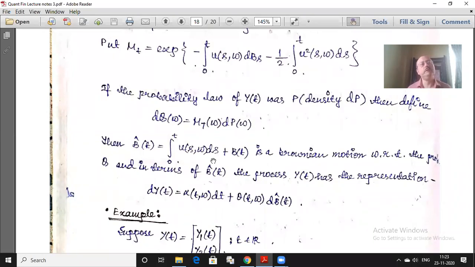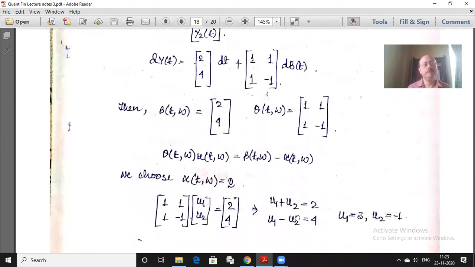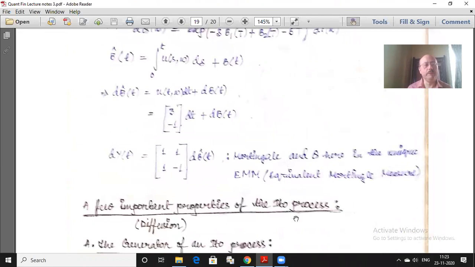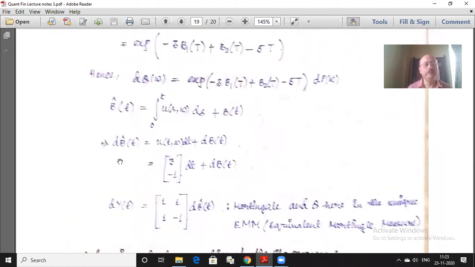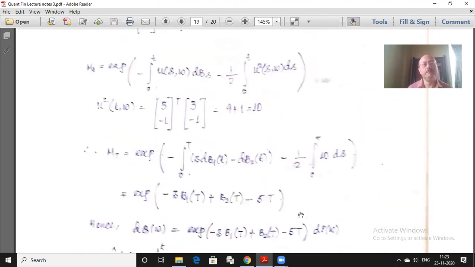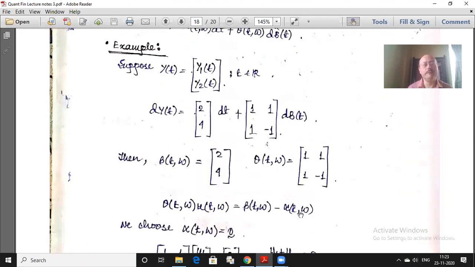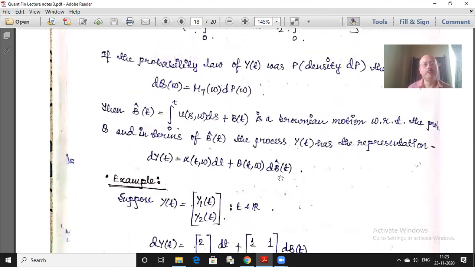The Brownian motion is actually absorbing the trend part in a very clever manner. So the new representation looks clean of the trend. It is only a martingale, but the devil is in the detail, because I have created a new B hat, and that B hat has actually taken care of the trend part.